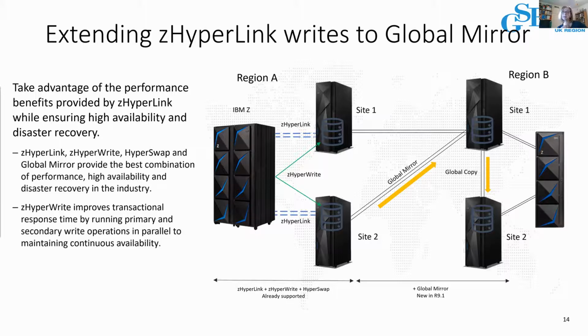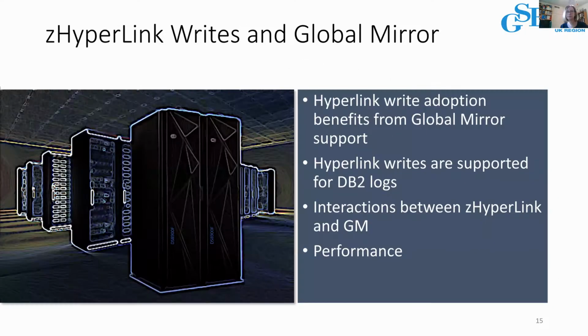That's separate. So again, it does help with write adoption. It does open up more use cases by having that global mirror support. We are able to do that, of course, for the DB2 logs.